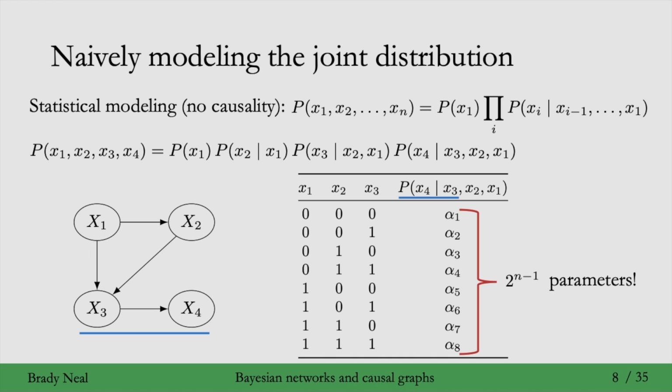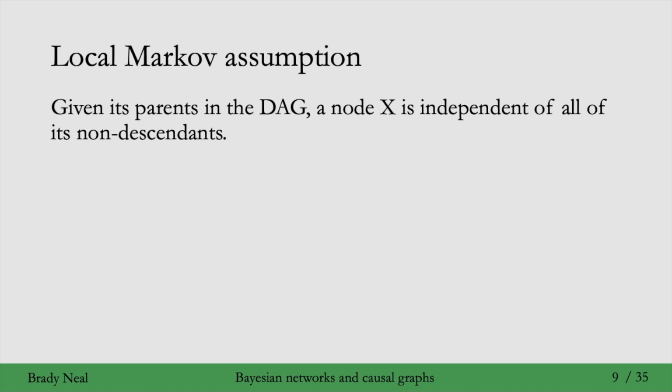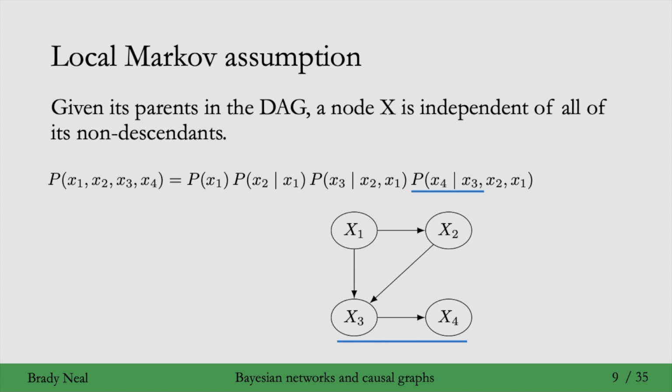So we'll see how this helps us out shortly, but first let's discuss the local Markov assumption, which is: given its parents in the directed acyclic graph, a node is independent of all of its non-descendants. So in this example that we just saw, here's a graph for it, and here's the factorization that we were to get from the chain rule of probability.